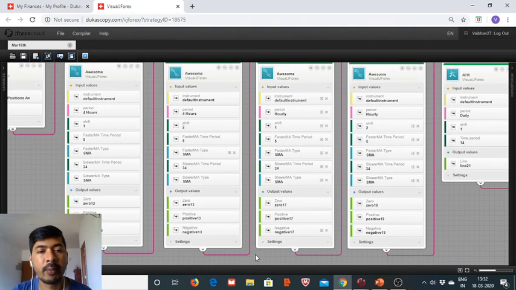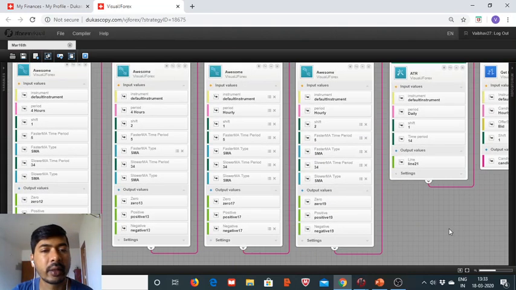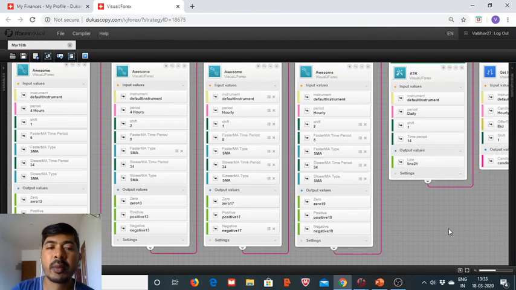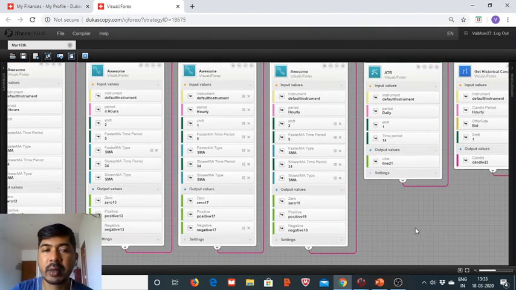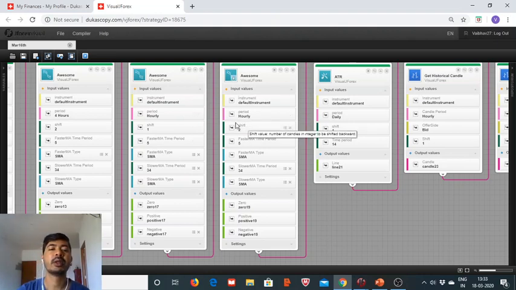So we will be comparing the last and penultimate candles, 2 candles, and they should be in the momentum as per our requirement, either bullish or bearish, and then we will try to compare that 4-hour candles momentum with the 1 hourly candles. And here both the momentum for 1 hour and the 4 hour should be either bullish for a buy trade, or in the bearish territory for a sell trade.